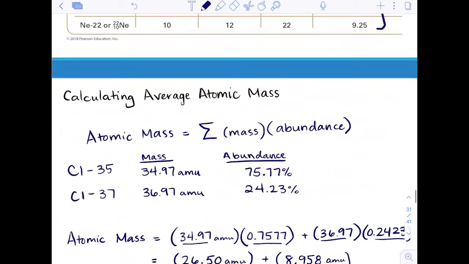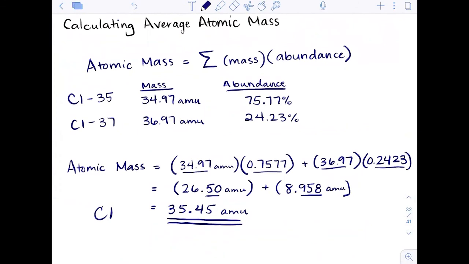We are calculating based off of the most relevant numbers that we see, not trying to match it perfectly to the periodic table. All right, so that's why it's important to be able to use this value on the periodic table and to be able to calculate it from given data.